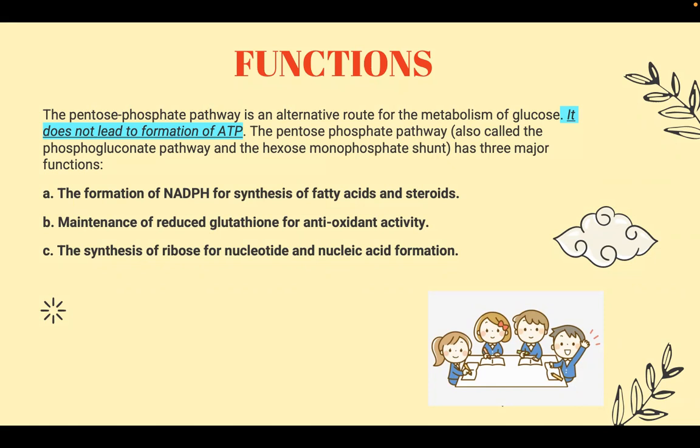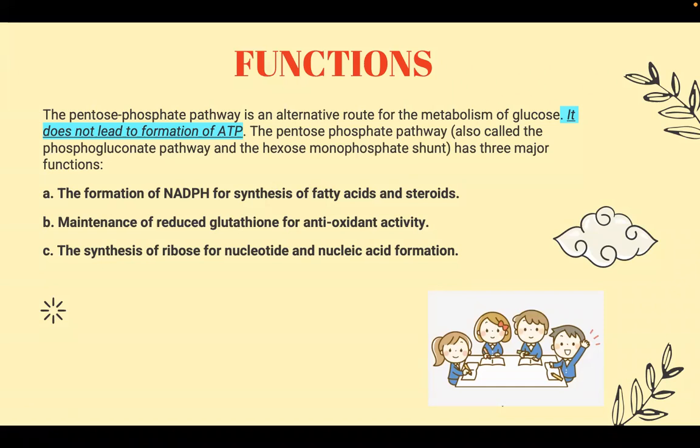Ano po ba yung pinaka-major function ng ating pentose phosphate pathway sa katawan kung bakit ang dami po natin kailangan kabisaduhin, ma'am? Okay, so it functions as number 1, the formation of NADPH, like what we've mentioned, for the synthesis of your fatty acids and steroids, yung mga ating lipids or yung ating mga fats.